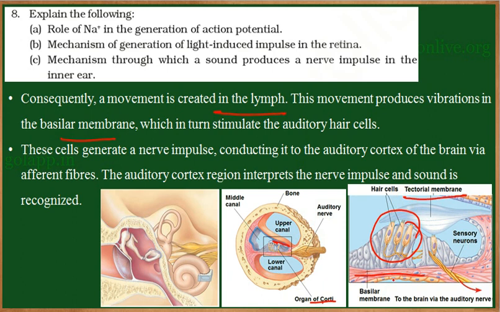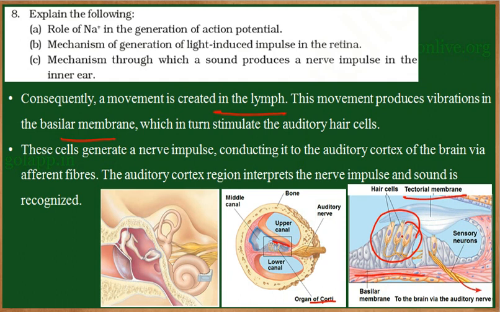So when there is a movement in the fluid present near the basilar membrane, this leads to changes in the hair cells. The hair cells get stimulated, they bend up, touching the tectorial membrane. When the tectorial membrane touches the sensory hairs or the auditory hair cells, a nerve impulse, an action potential is generated.